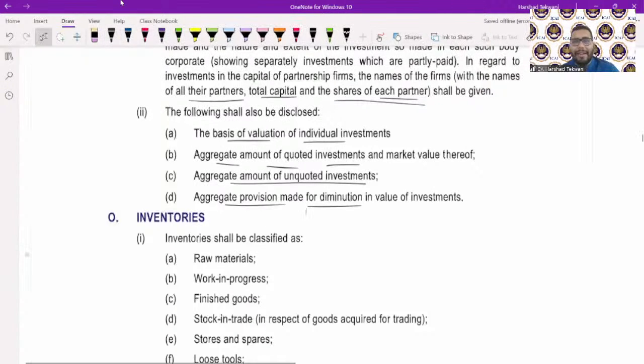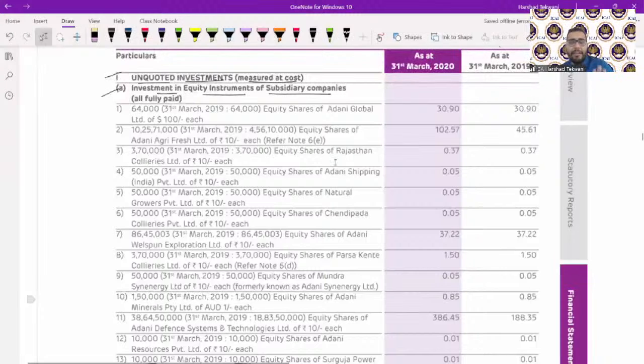Let me show you one live example of how we disclose this in the balance sheet. Again, this is an Indian balance sheet, so there will be differences, but just to show you how they disclose this. See, first I disclose the unquoted investment over here. They say it is measured at cost, meaning I'm providing my valuation methodology, how I'm valuing it.